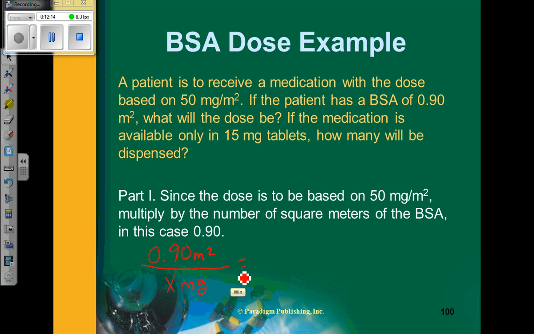And then of course you have doses based on the 50 milligrams per 1 meter square. So then you want to cross multiply. X times 1, remember always goes on the bottom, so it'll be 1X. 0.90 times 50 is 45. So your dose would be 45 milligrams.